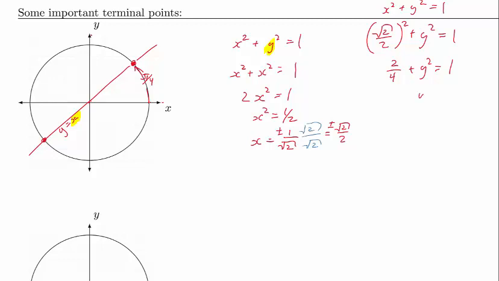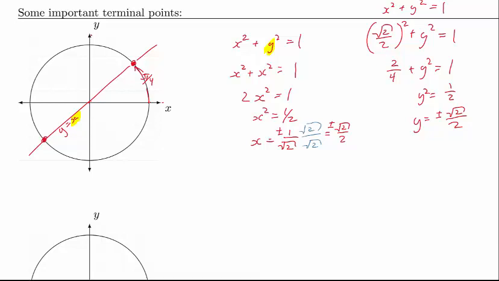Subtract 1/2 from both sides. y squared equals 1/2. We take the square root of both sides, and you'll get the square root of 1 over 2, which is positive or negative root 2 over 2. And so again, the negative would apply for this point, and the positive applies for this point, right?